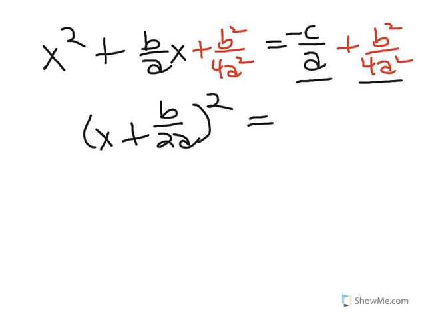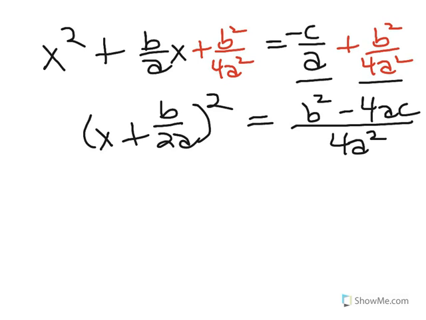I think we should use 4a, because a times 4a is 4a squared. So we're going to have 4a squared on the bottom. We're going to have b squared on top. And then we're going to have negative c times 4a, which is being added to that, so that's b squared minus 4ac. Now we've written the right side as a single fraction.